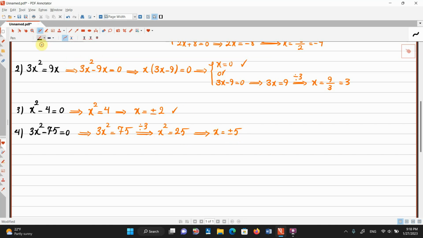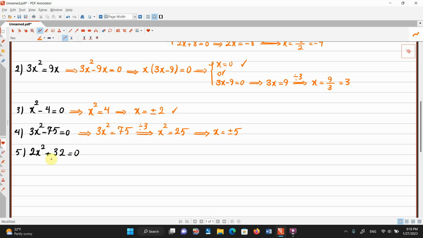Let me write one more example. Number 5. Suppose this time we have this example: 2x squared plus 32 equals 0. As you see, this is a quadratic equation in which the linear term is not available, and we are going to solve this equation.